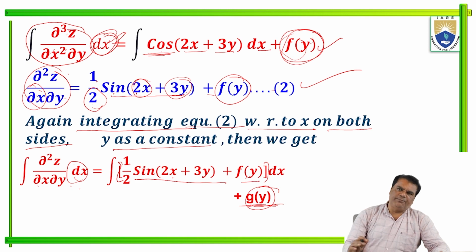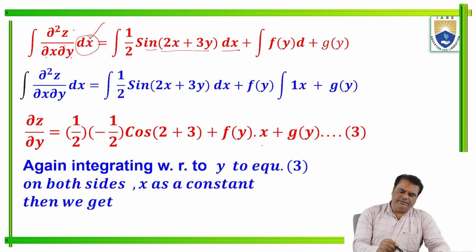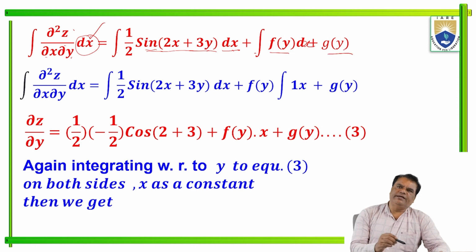So integrating separate functions: first function this and second function this. So I am writing the integration separately: 1/2 sin(2x+3y) dx plus the integration of f(y) dx. This is g(y) constant. So now here one order is cancelled with respect to x. Order of x is cancelled.